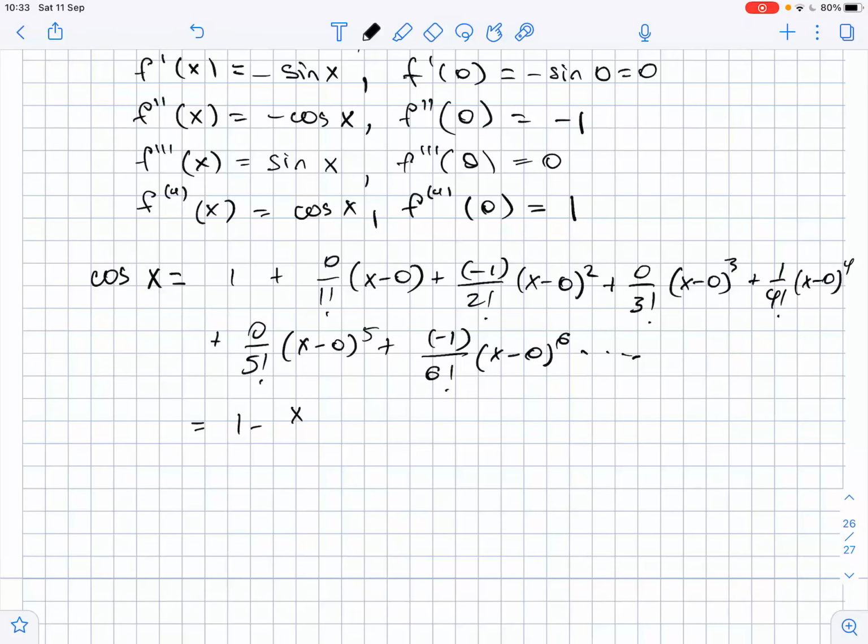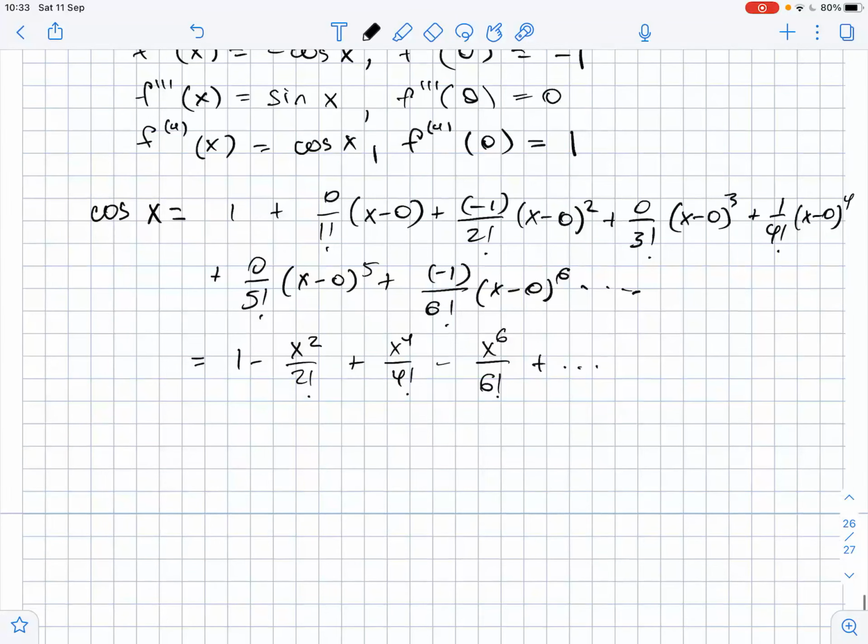So basically this equals 1 minus x squared over 2 factorial plus x to the fourth power over 4 factorial minus x to the sixth power over 6 factorial, and so on.